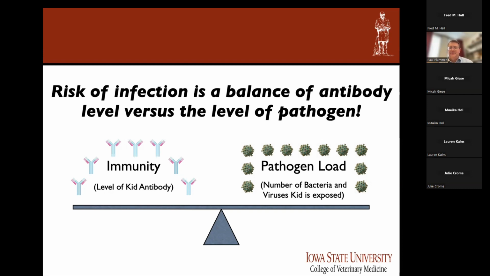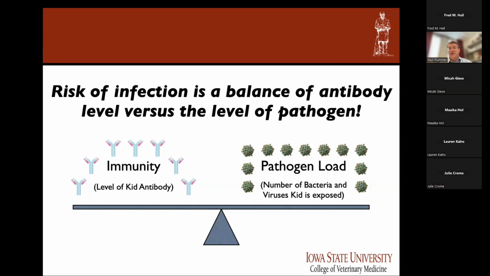And for the purposes of today, we want to think about it as the number of the bacteria or viruses that the kid is exposed to. And so certainly a lot of that is management. How are we housing these animals? How are we commingling them? How are we protecting them from those high pathogen loads? What is the cleanliness and hygiene of our feeding systems, of our pens?